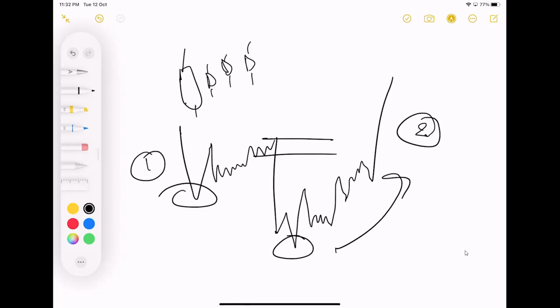Then you have price doing this, a bigger move down, going up. This is going to be your down close, and this is going to be your bullish candle. Stuff like this.